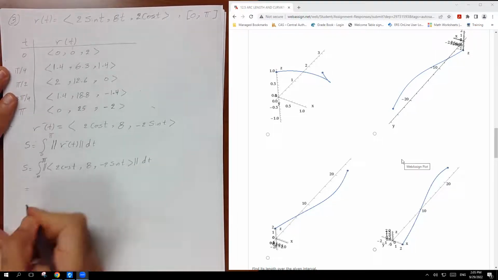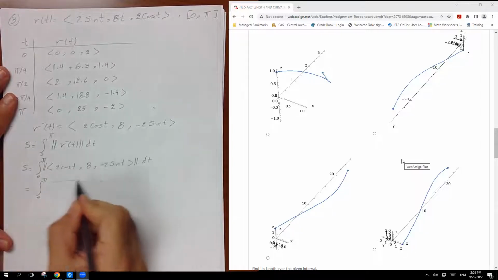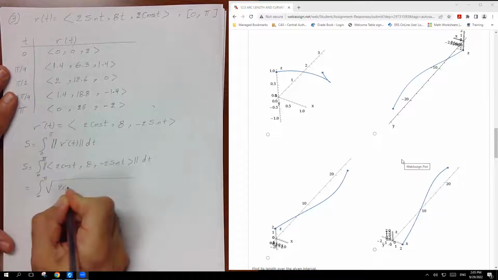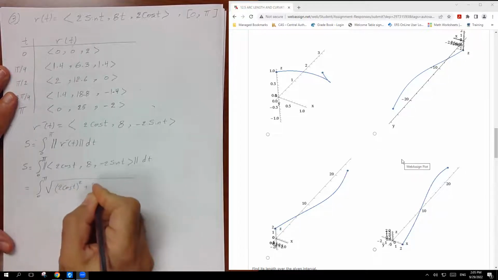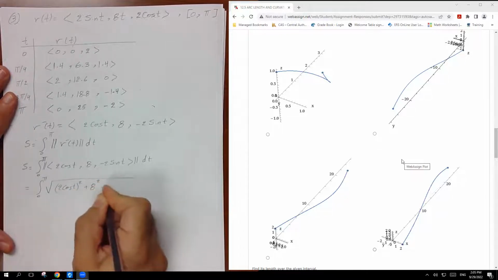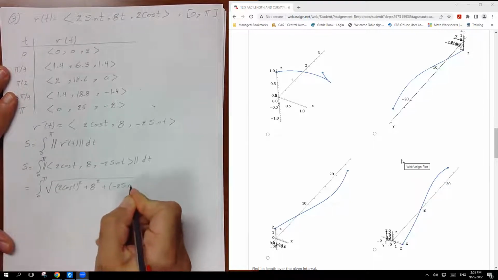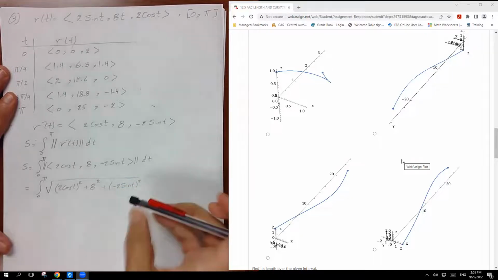So this is going to be equal to the integral from 0 to pi of the square root of (2 cosine t) squared plus 8 squared plus (-2 sine t) squared, with respect to t.